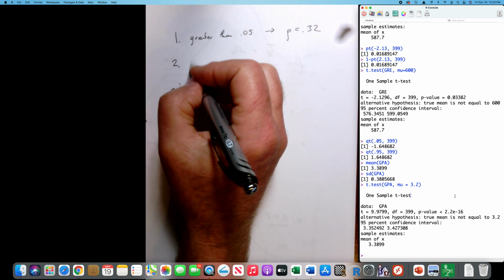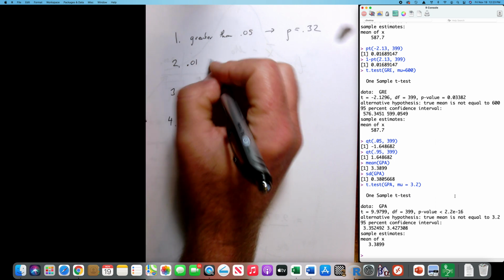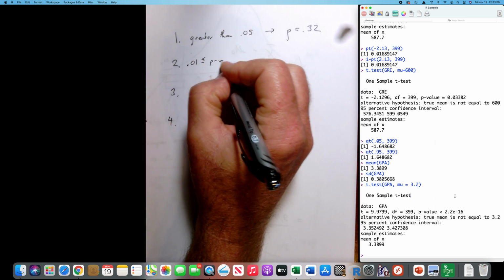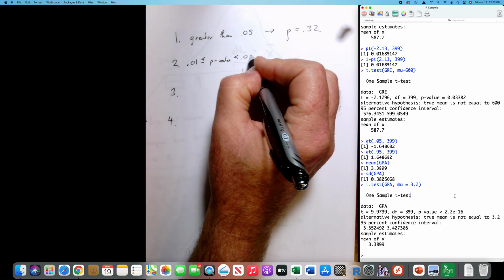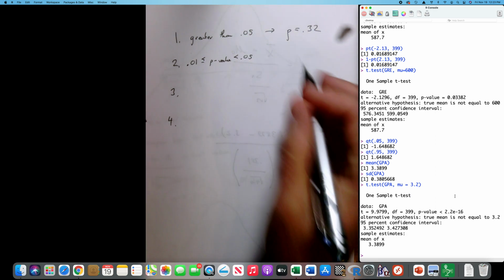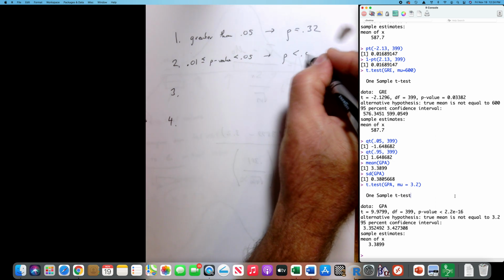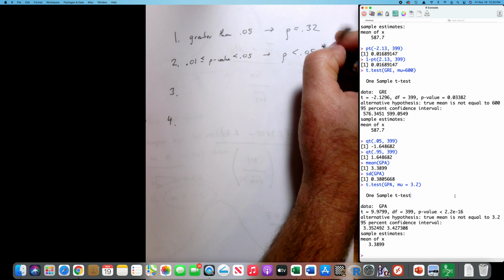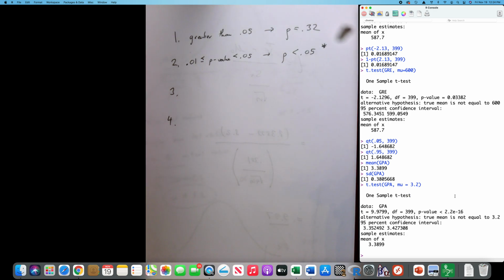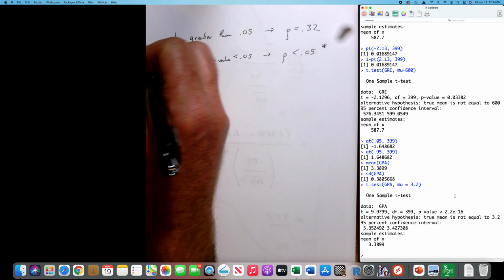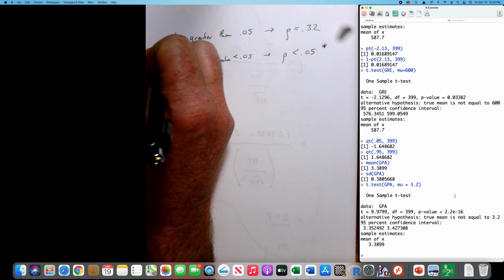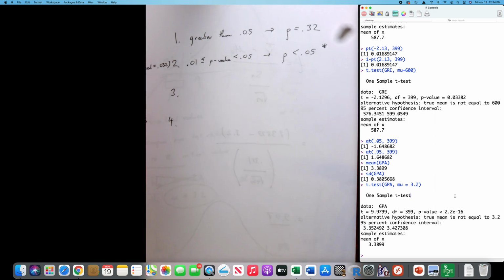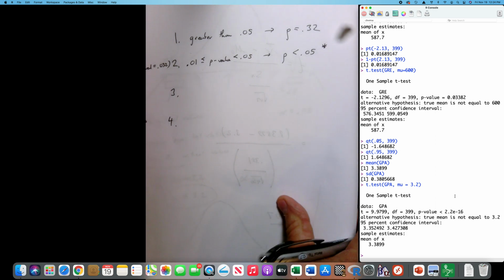If our p-value is between 0.01 and 0.05, we report it as p less than 0.05. This is sometimes given 1 asterisk level of significance. We're less than 0.05, but we're not less than 0.01. So an example of this would be a p-value of 0.032. Less than 0.05, not less than 0.01.